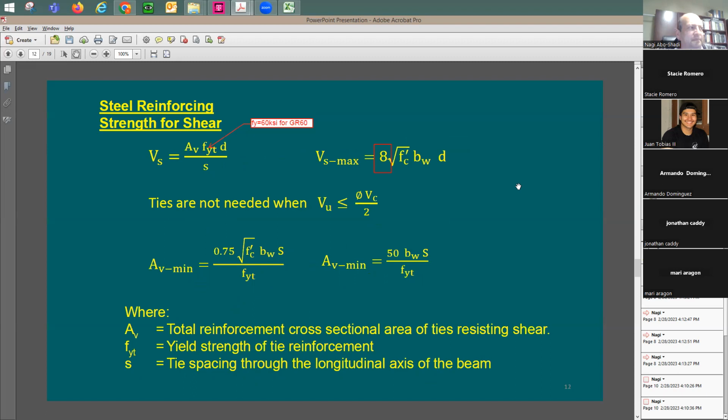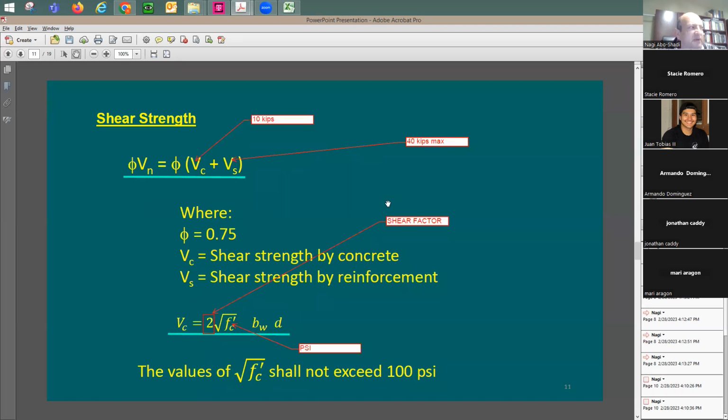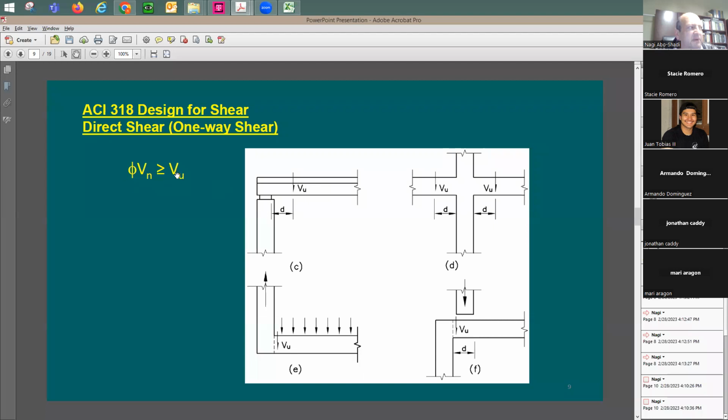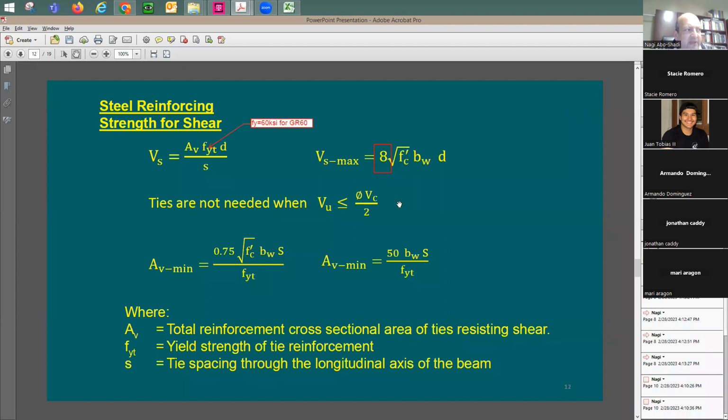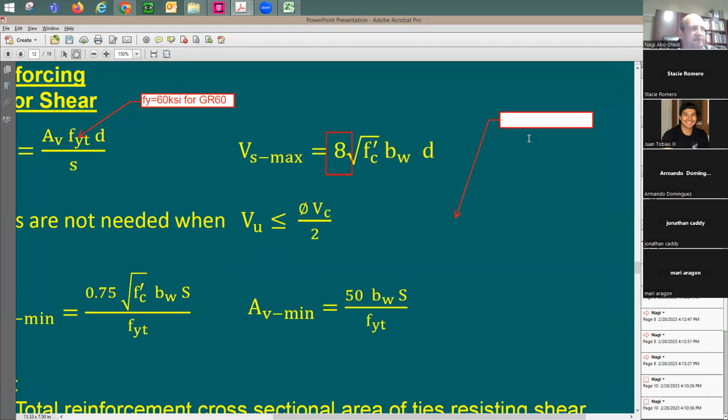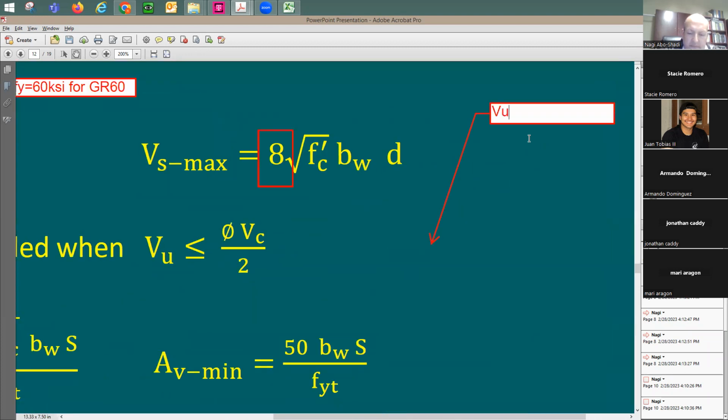All right. Now, let's say because we have this equation, the equation says V sub U and phi V n. So let me throw in some numbers that we discussed last time, but I'd like to confirm it again. Let's say I have V sub U equals 50 kips. Let's give me the demand.